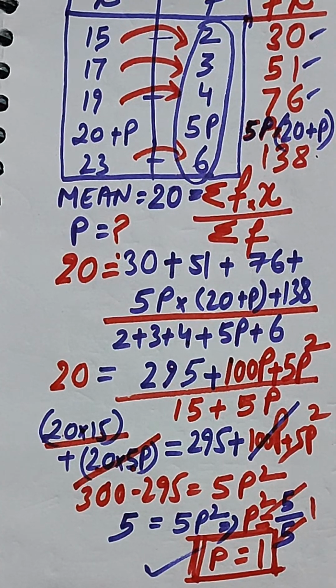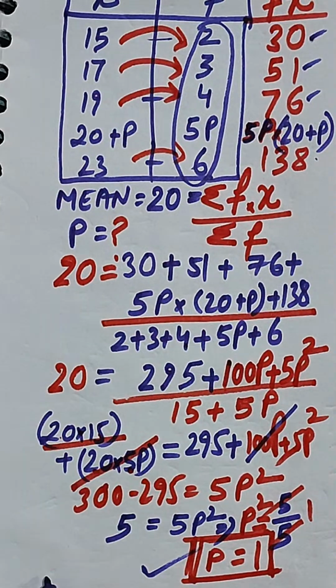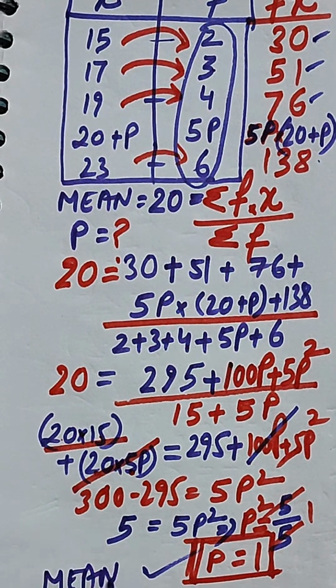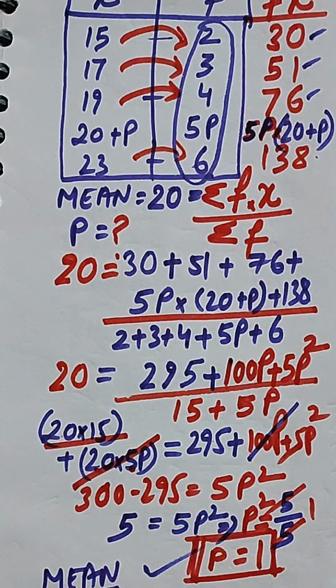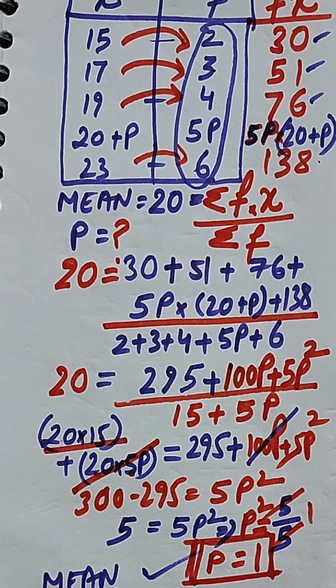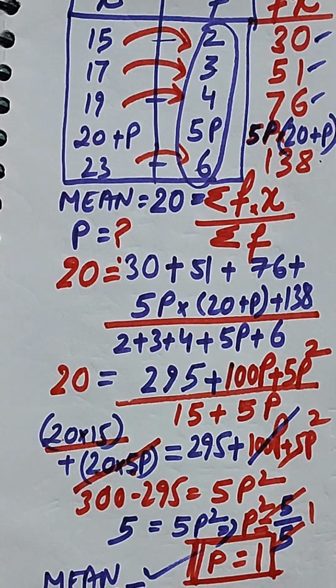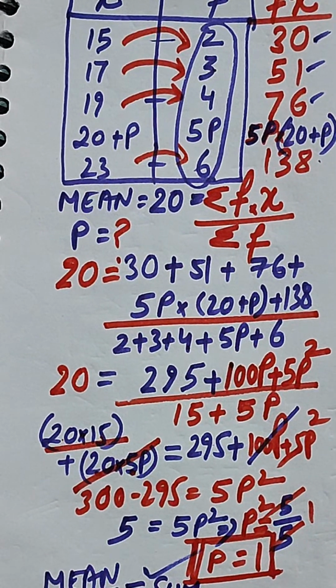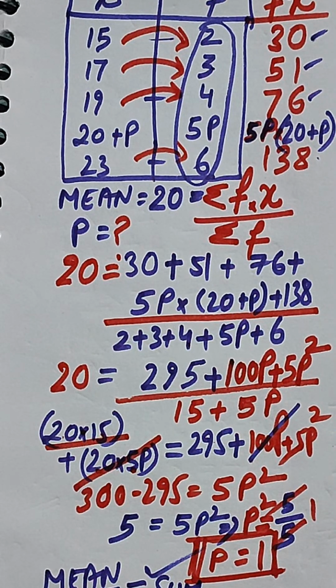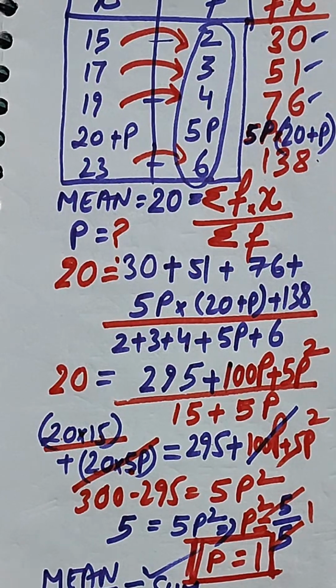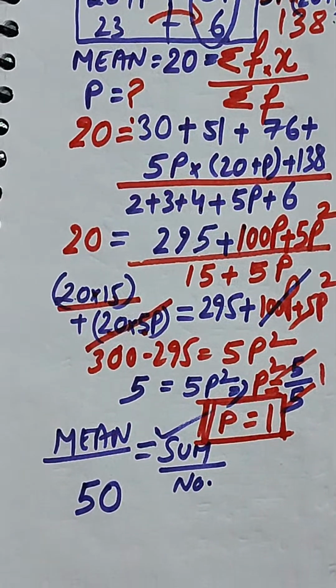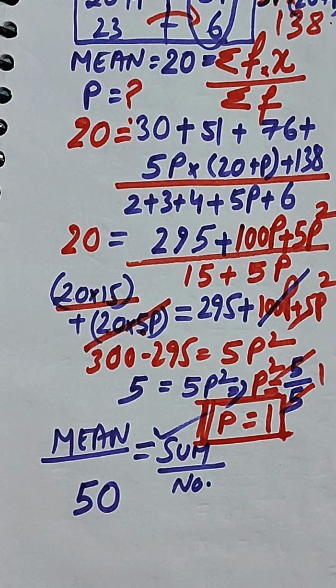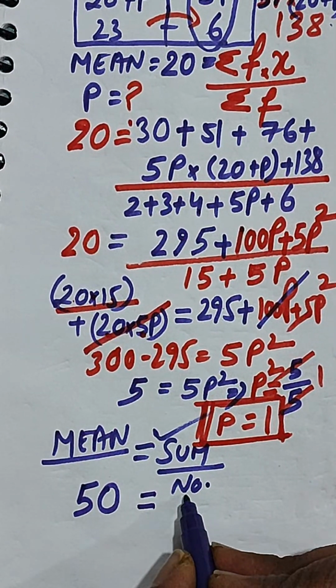So the mean and median of 100 observations are 50 and 52. As we discussed, for the wrong data, use the formula of mean: the sum of observations by the number of observations, right? So if you consider the mean, it's 50 and the number of observations is 100.